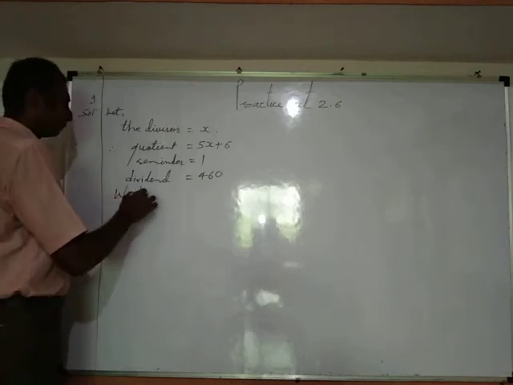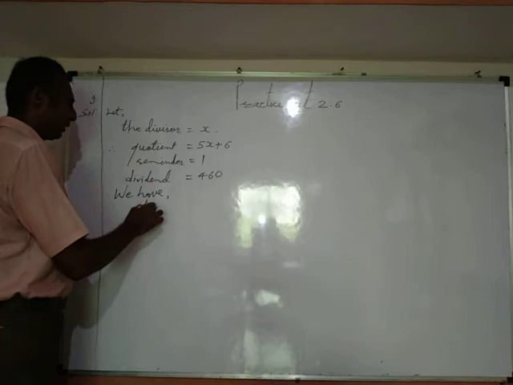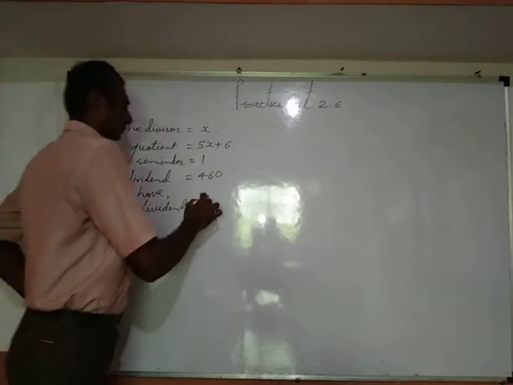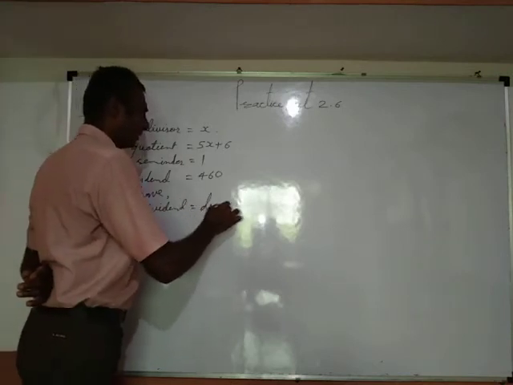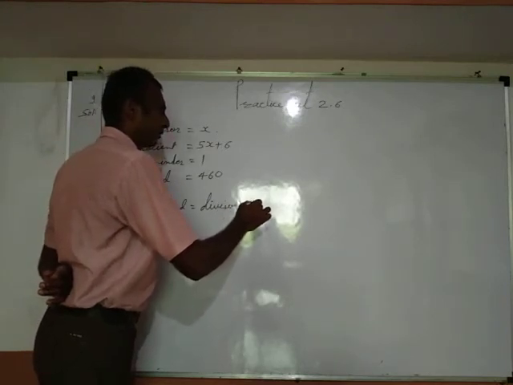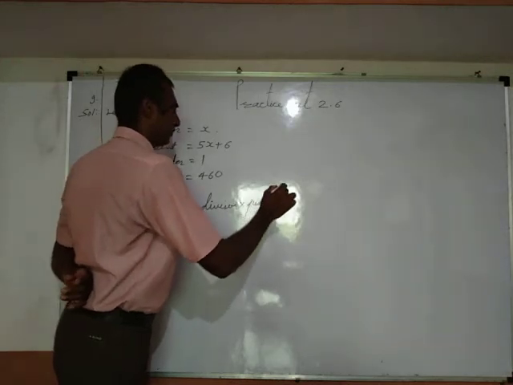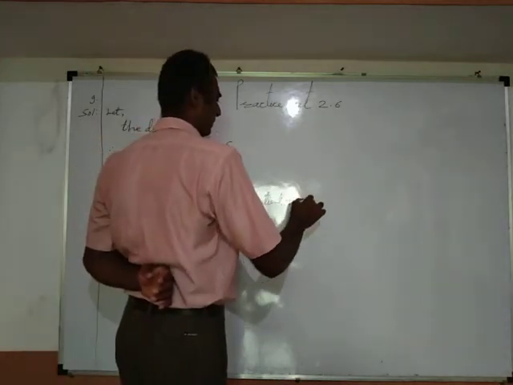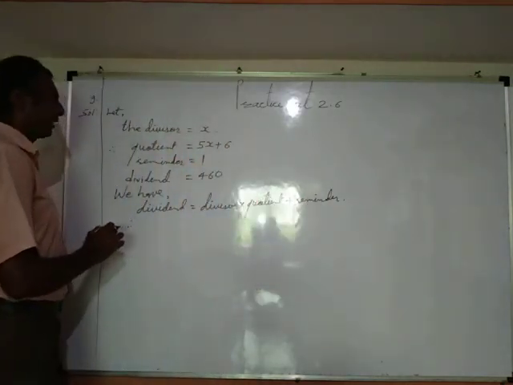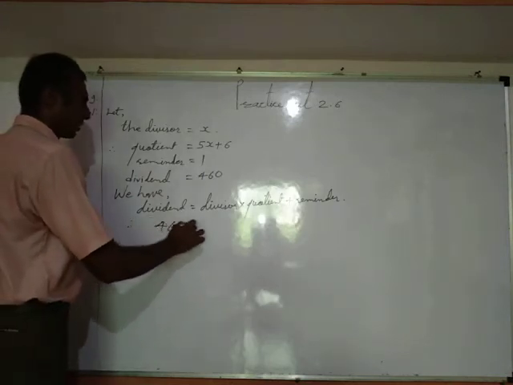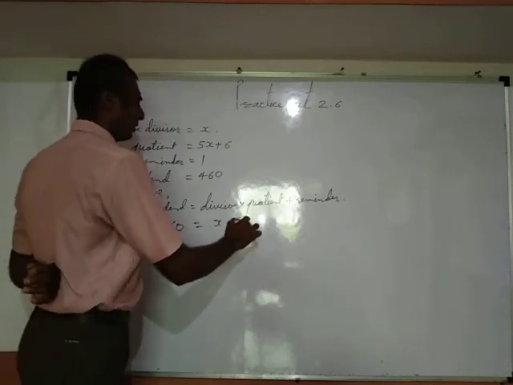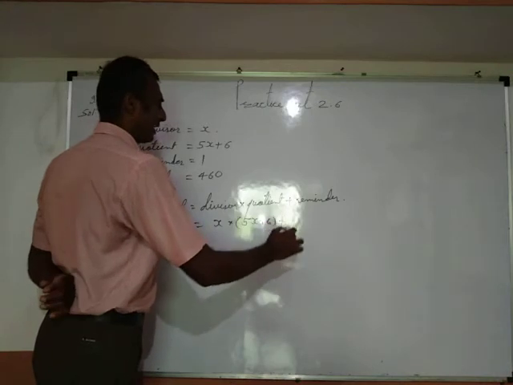We have dividend equals divisor into quotient plus remainder. Okay, and therefore let's put known values. Dividend is 460. Consider the divisor is x, into quotient 5x plus 6, plus remainder is 1.